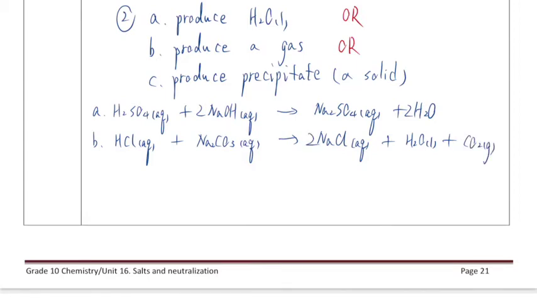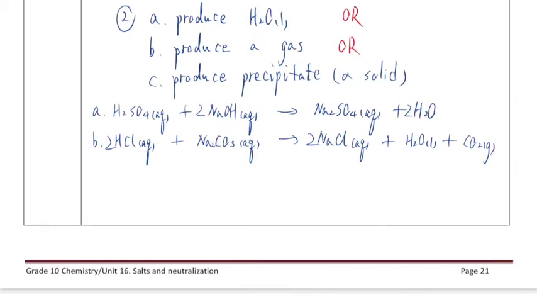Okay, so again for this one, because water is formed and also a gas that is going to escape from the solution, from the system, right? So this double displacement reaction will take place. So for this one, you can think of it like this. Okay, so after the double displacement, we should have sodium chloride and also carbonic acid. But remember, carbonic acid would easily turn back to water and carbon dioxide, so you write it separately.